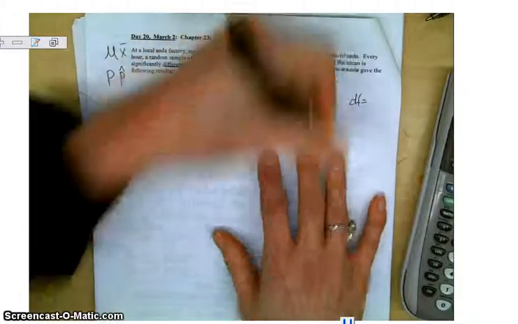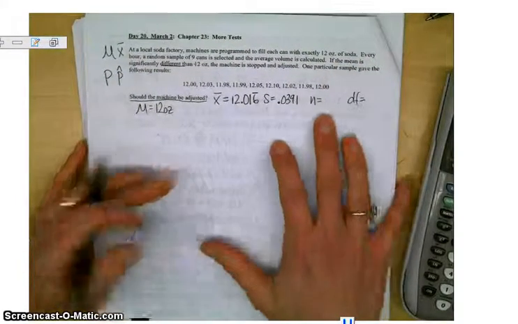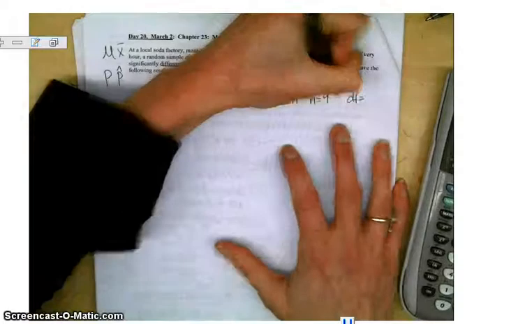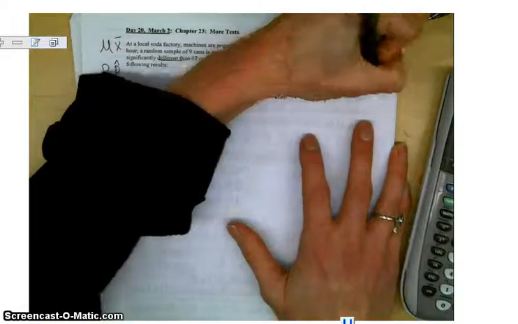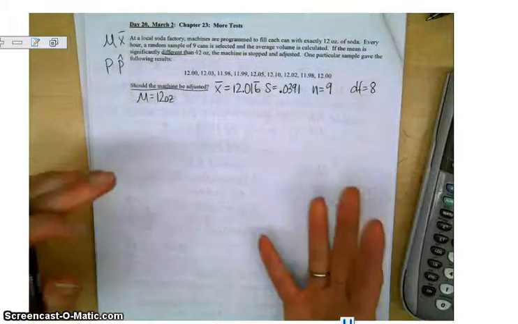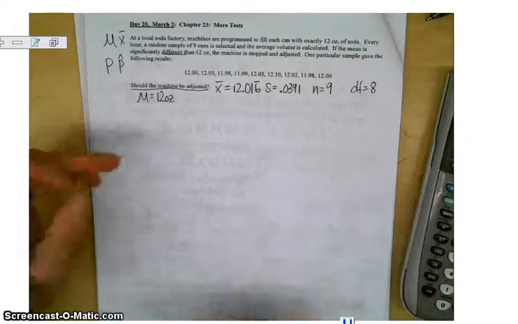Actually, the more decimals you carry out, the more accurate your hypothesis test will be. So n is 9, and what would be my degrees of freedom then? 8.